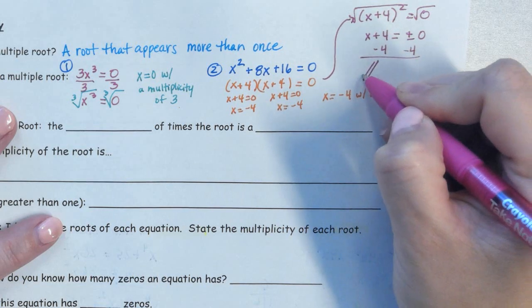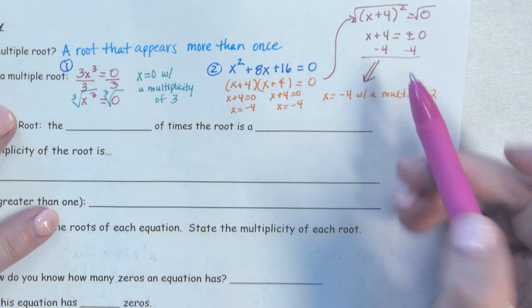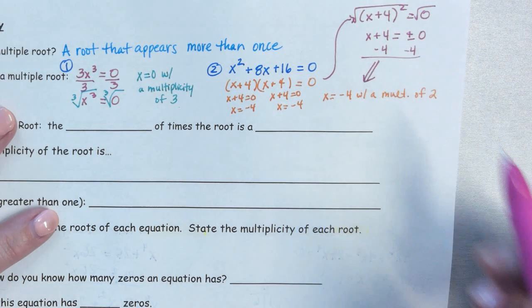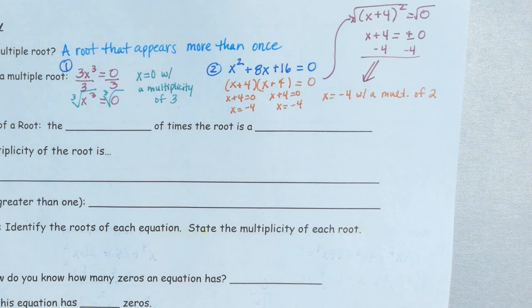And again, it would be the same answer. x equals negative 4 with a multiplicity of 2, because these count as two different solutions. So that would work as well.